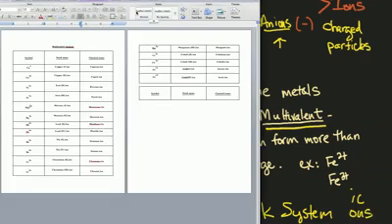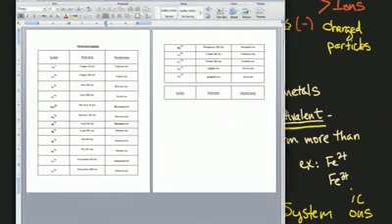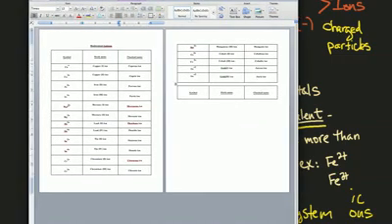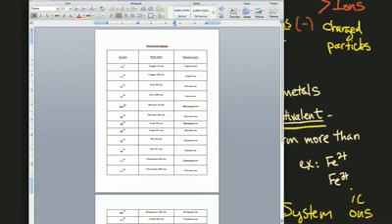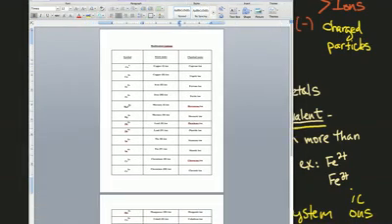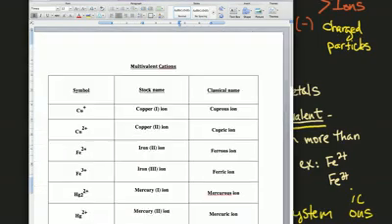So this table is available on the website. Oops, sorry. Let's zoom in a little bit. So you can see the symbol, the stock name using the stock system, and the classical name.